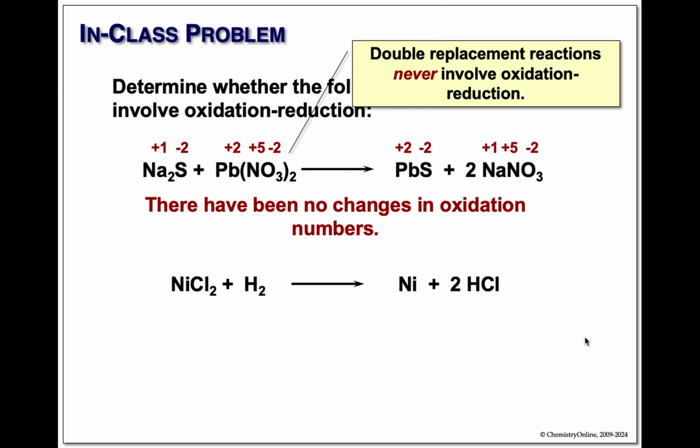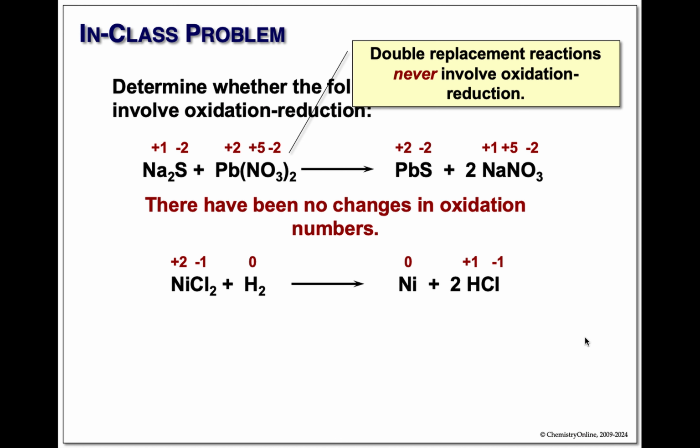Element, compound, element, compound. Single replacement. Nickel will be +2. Hydrogen 0. Nickel is 0. Hydrogen +1. Chloride -1. Nickel has gone from +2 to 0.